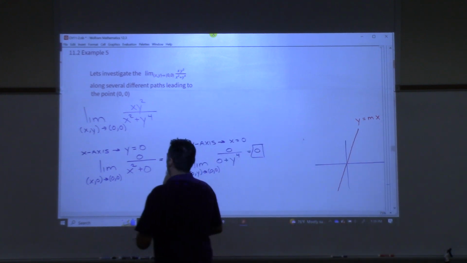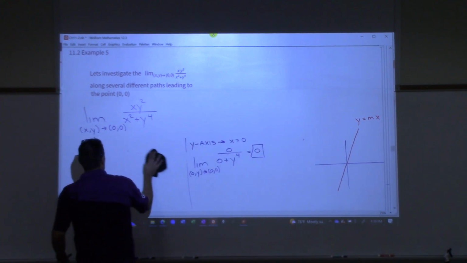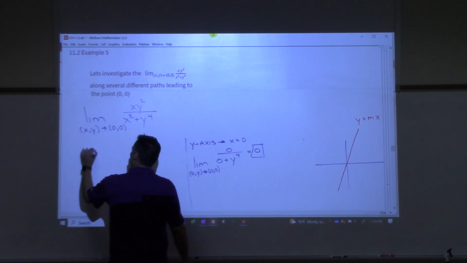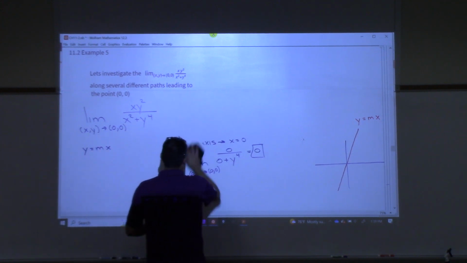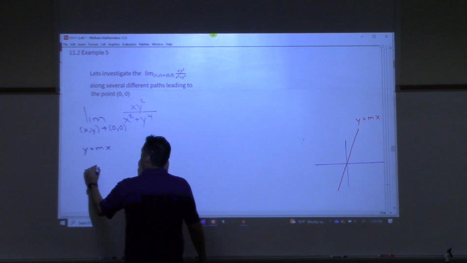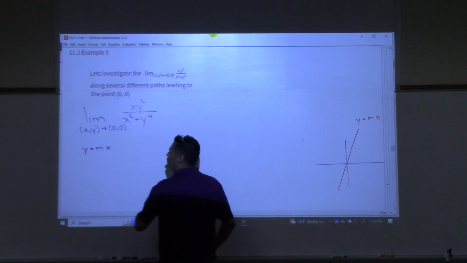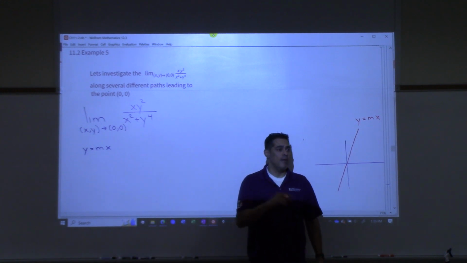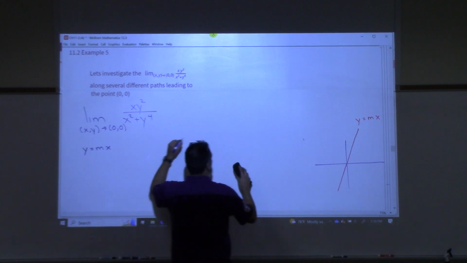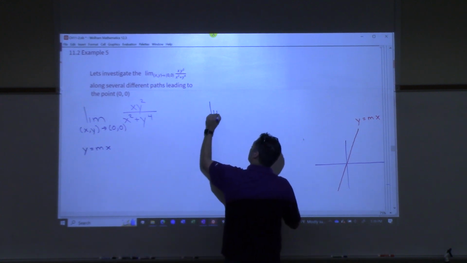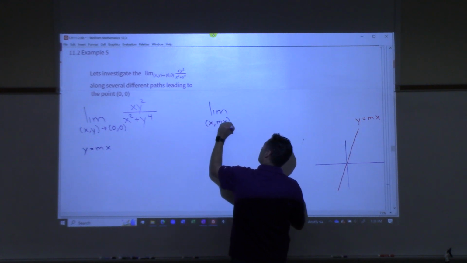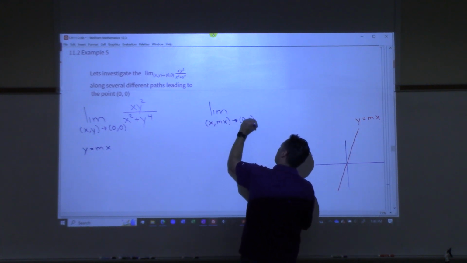So let's do it. I'm going to come in along the path y equals mx. And then that means I'm going to be replacing y with mx, right? Y is going to get replaced with mx in this limit. I'm going to write it over here so I have a little more room. Limit, I'm going to go x, mx approaches 0, 0.